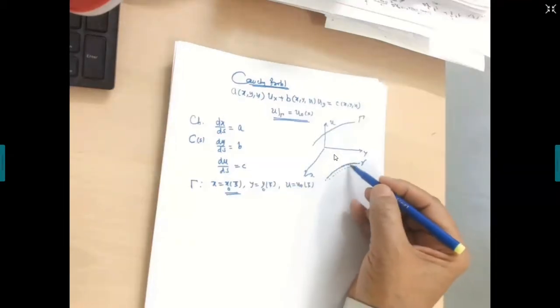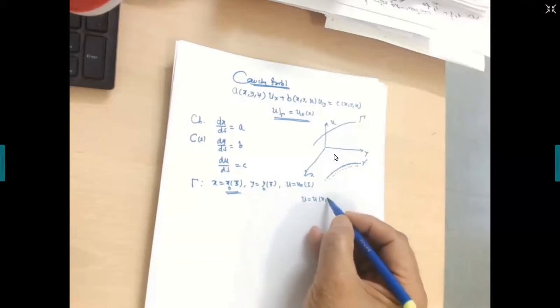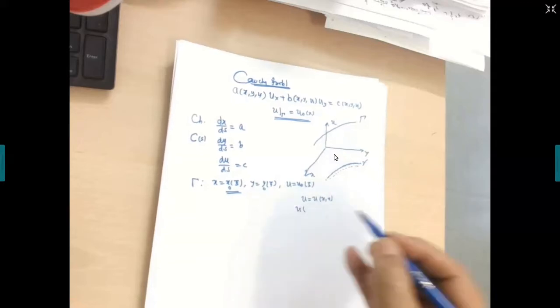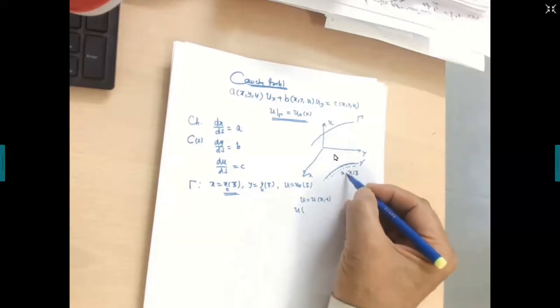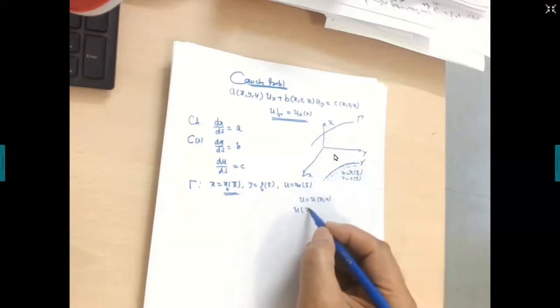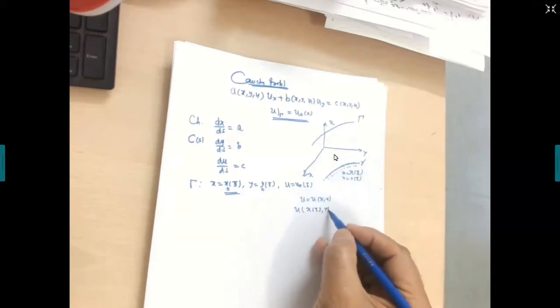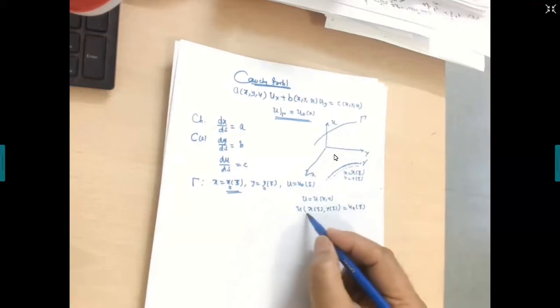It takes on specified values. That is, u is equal to u of x, y, such that this curve is, I will write this curve, x is equal to x of xi, y is equal to y of xi. So x of xi, y of xi is u naught of xi.